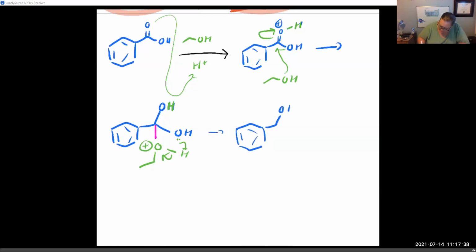And by the way, it doesn't matter which OH you transfer it to. It really doesn't. So now I have a good leaving group. I'm going to reform the bond.